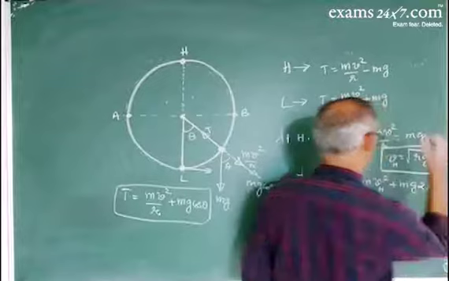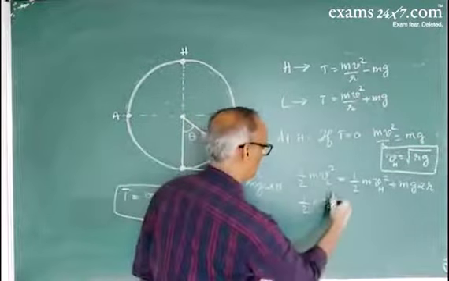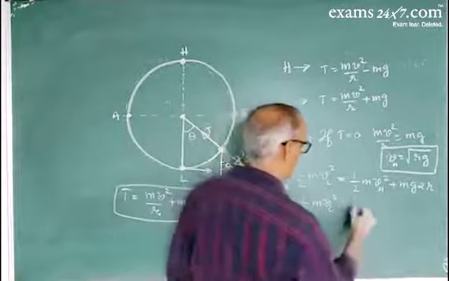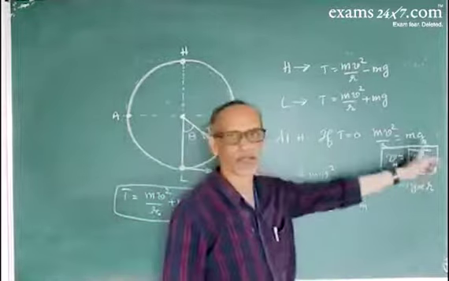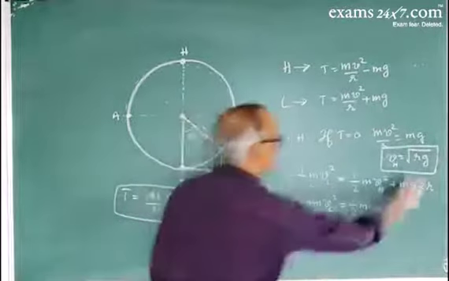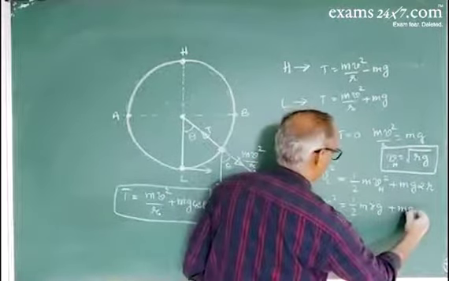mg2r. So half mvL square is equal to half m, the value of vH is root rg, so therefore I can replace it to be equal to rg here, plus mg2r.